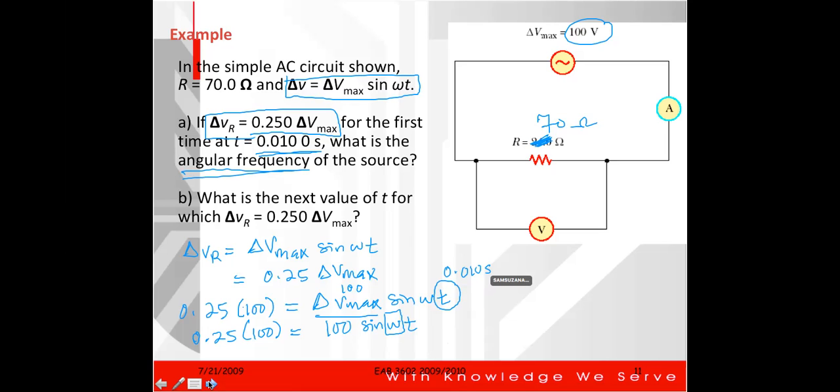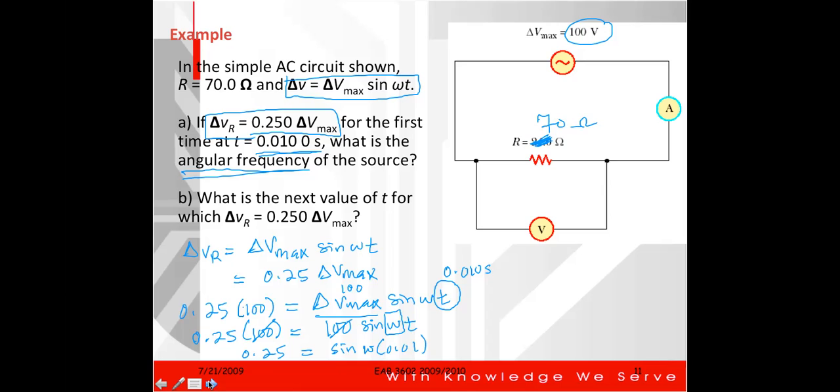Okay, so you boleh plug in all the values into the equations untuk dapatkan omega. So kalau saya ringkaskan 0.25 because 100 dengan 100 you can cancel out each other. So 0.25 is equal to sin omega 0.01. Betul tak?